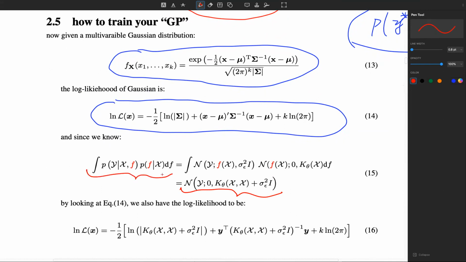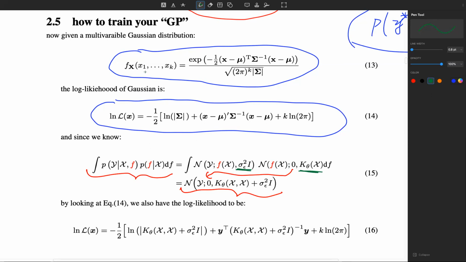The marginal prediction, right? When this is Gaussian and that's Gaussian, essentially you just borrow the mean from here and add this covariance matrix to this covariance matrix. You put it in here, so you get that.